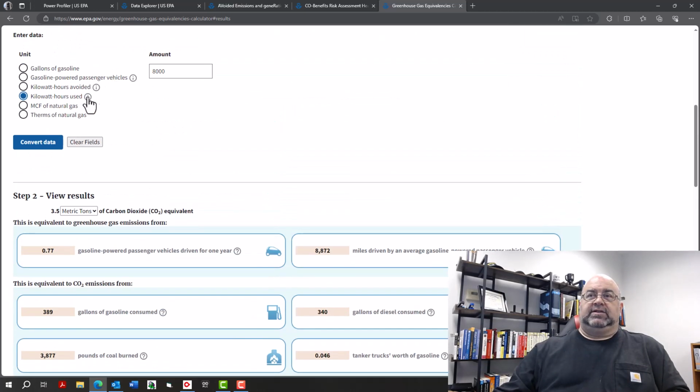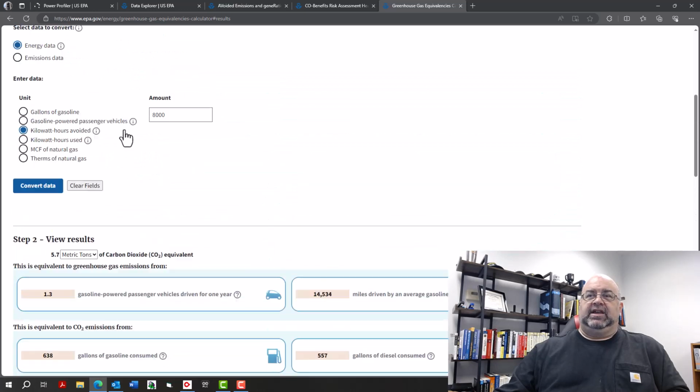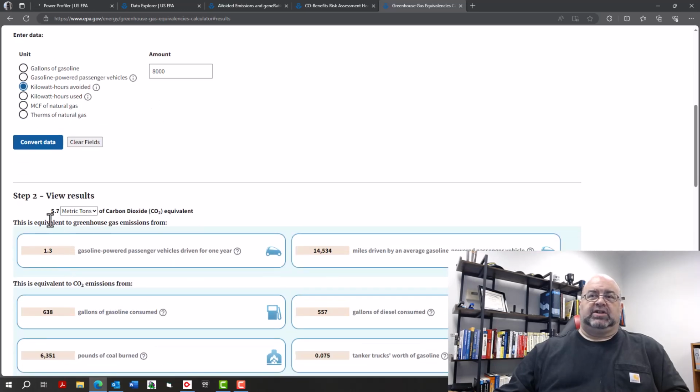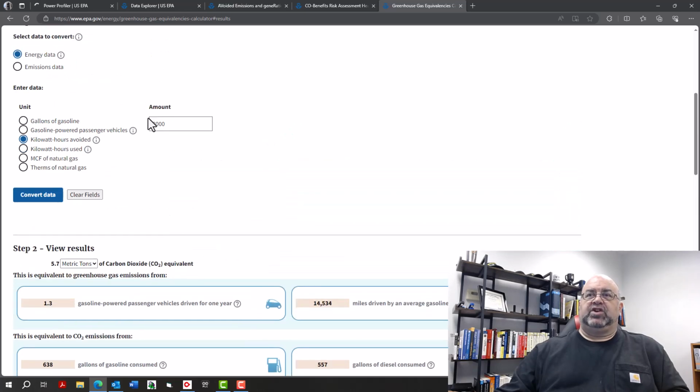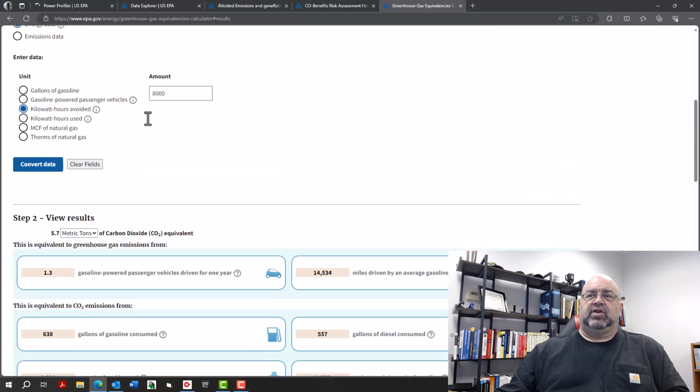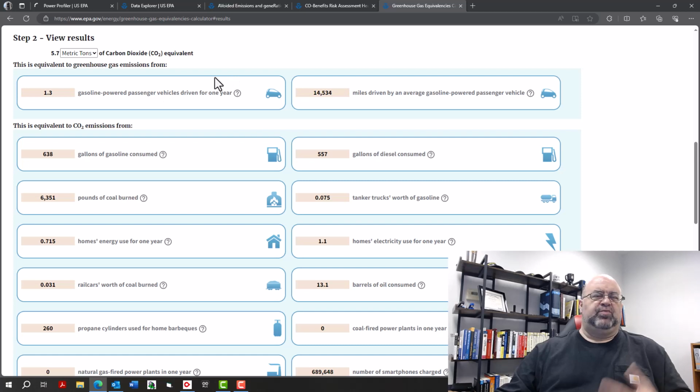That is, got to go by avoided, see, 8,000, that is 5.7 metric tons, just for a slight misalignment, 5.7 metric tons of carbon dioxide avoided. And there's other information I can go in to identify instead of just CO2, but everybody's going off CO2.